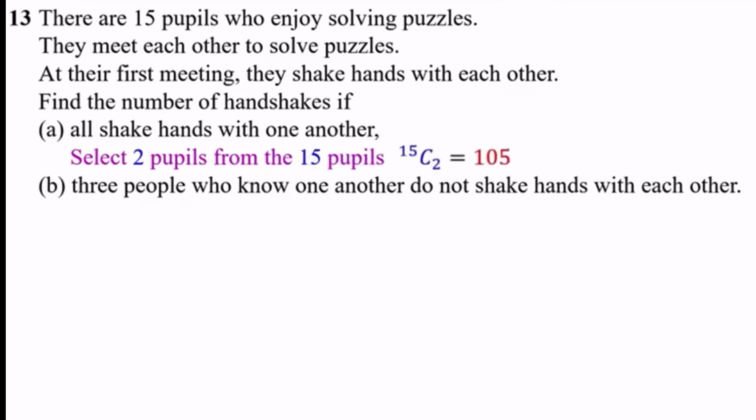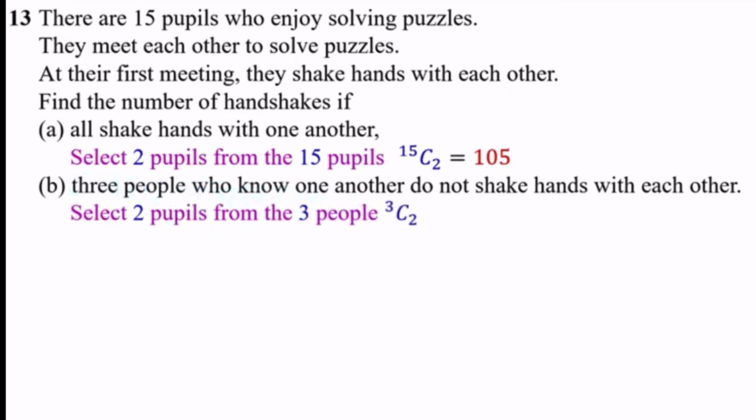3 people who know one another do not shake hands with each other. There are 3 people. So select 2 people from 3 people, so it will be 3C2, right? So 3C2 is actually equivalent to 3C1, which is 3 ways.